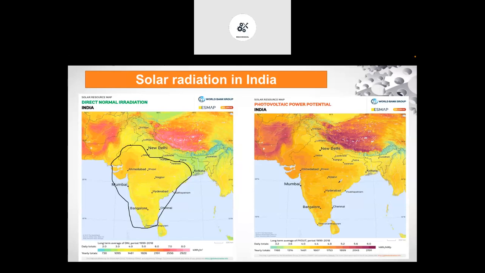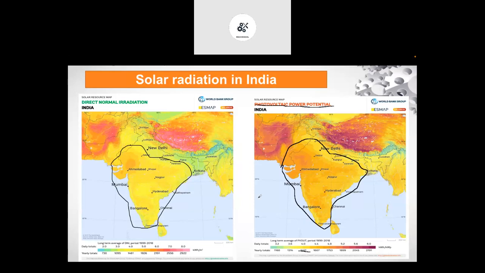Similarly, if you see the photovoltaic power potential, on the right-hand side you will see a contour map of the Indian plateau showing how much potential is there. Here also you can see most parts of India receive a sufficient amount of radiation, or have sufficient PV power potential. Here it is around 1461 units per kilowatt of PV cell.